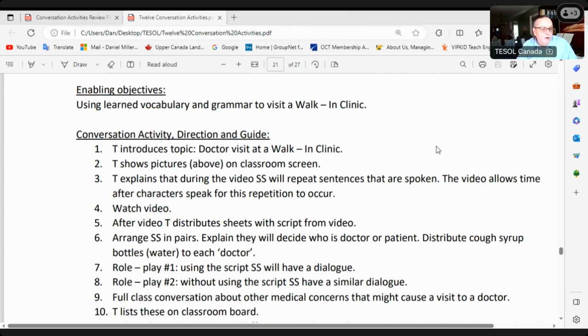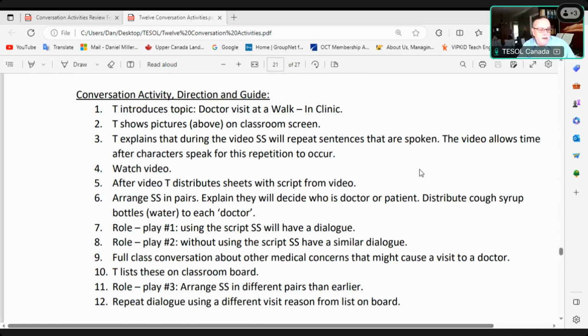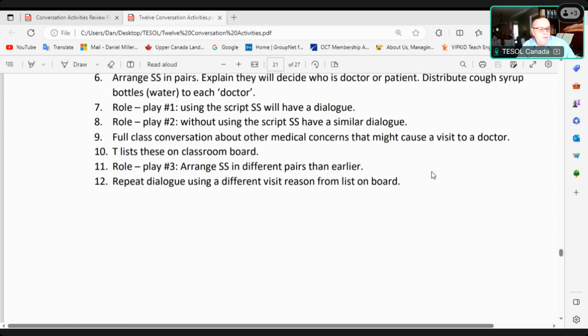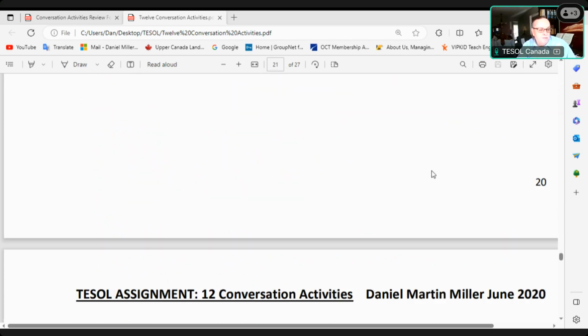Even talking about using a walk-in clinic if they're not able to actually find a doctor. These days in Canada, finding a family doctor is a difficult thing. The doctors are in short supply. So if somebody goes through a lesson in school about how to talk to a doctor in a walk-in clinic, that could be very helpful and useful for them.